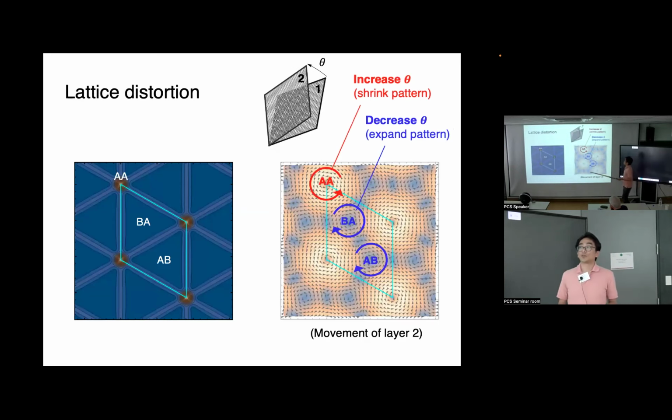So what is the distortion? AA was originally bigger, so they want to shrink the AA part. To do so, in this part the two layers rotate oppositely to increase theta. Then it shrinks. AB and BA are the opposite, so they actually rotate to decrease theta, and then they expand. This is very important in the trilayer system.